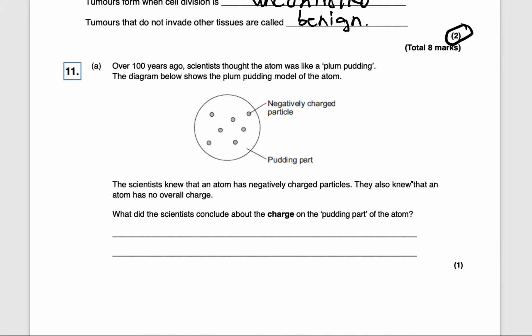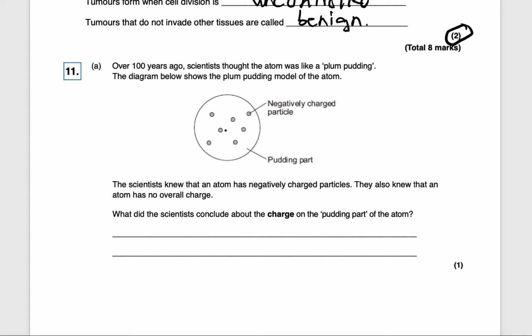Next question. Over 100 years ago, scientists thought the atom was like a plum pudding. The diagram below shows the plum pudding model of the atom. The scientists knew that an atom has negatively charged particles. They also knew that an atom has no overall charge. What do the scientists conclude about the charge of the pudding part of the model?